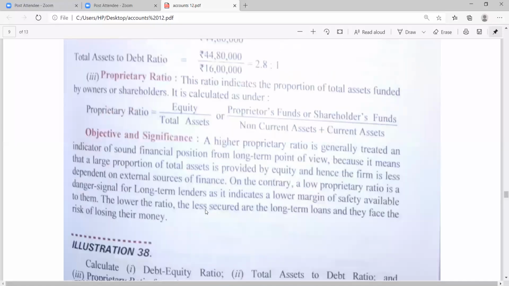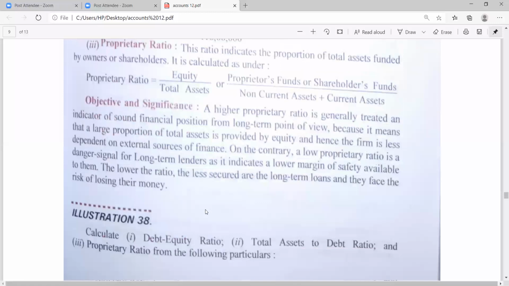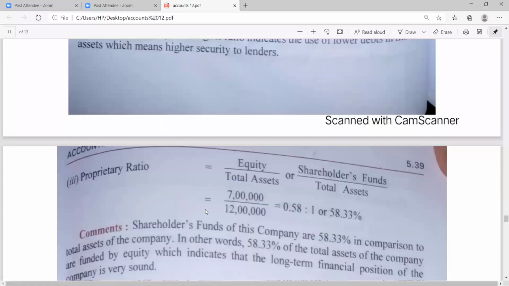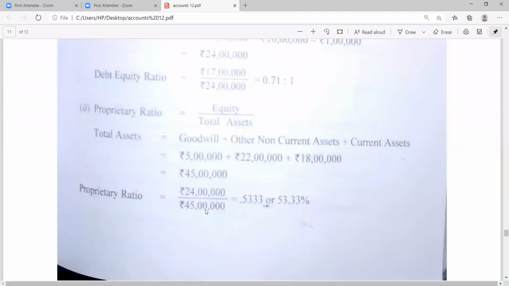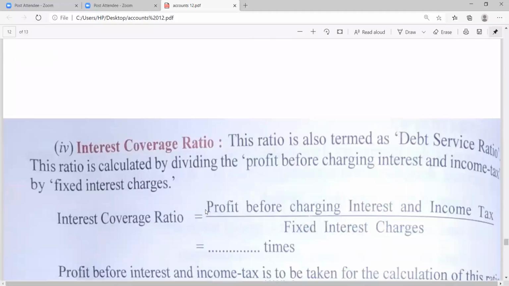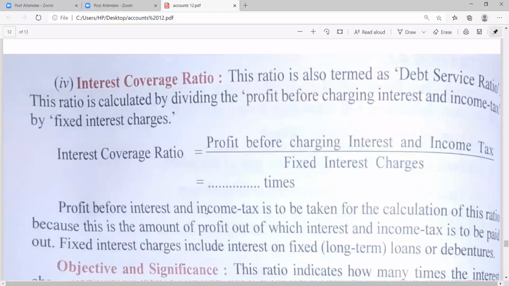And the fourth one we have done is the interest coverage ratio, which is calculated by the formula profit before interest and income tax upon fixed interest charge. All the above three ratios are interrelated with each other.